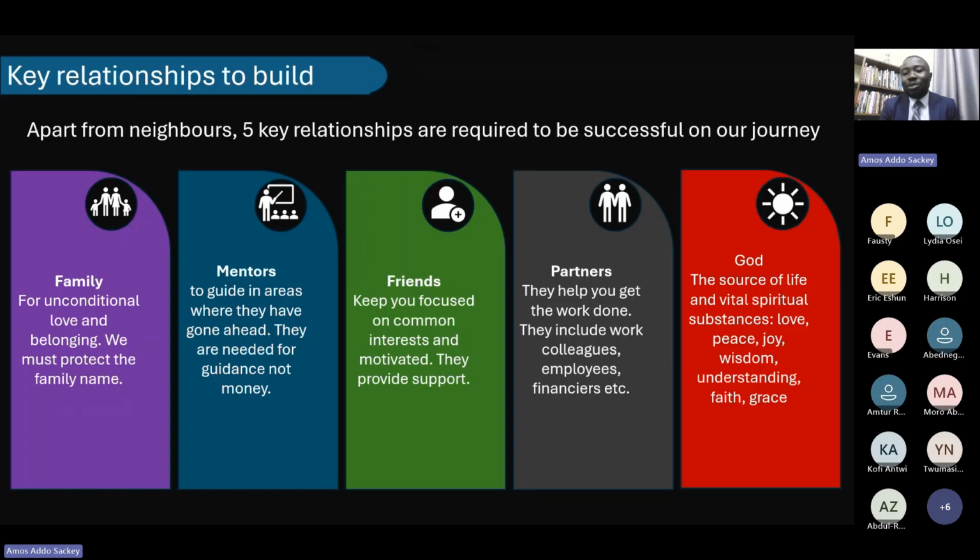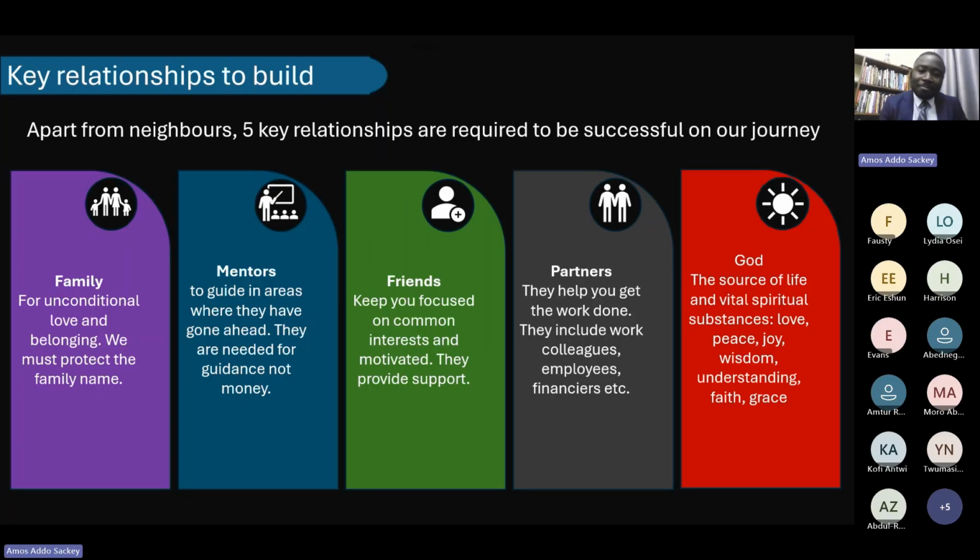Peace, joy, wisdom, understanding, faith, grace. All these are undeniable spiritual substances that we do not have any place to get apart from God. So we have to maintain a very good relationship with our Maker.